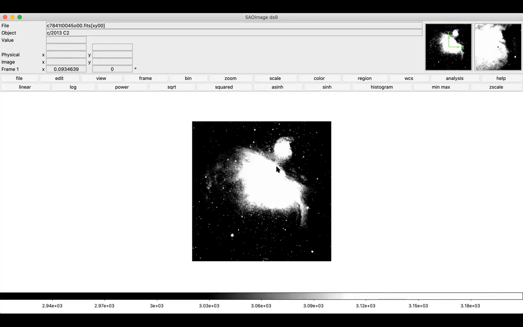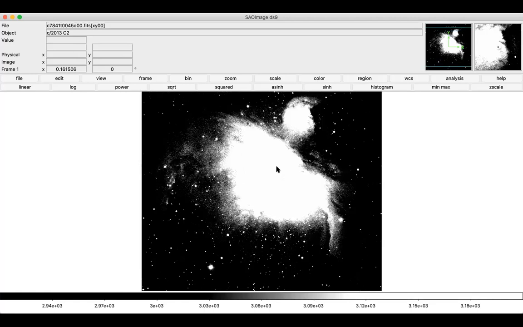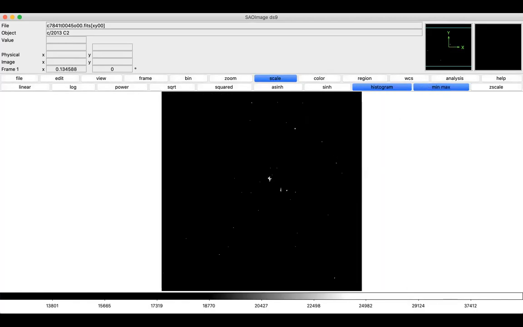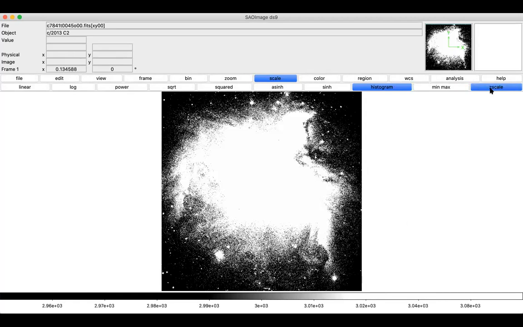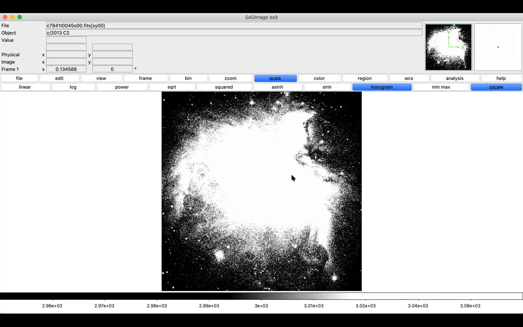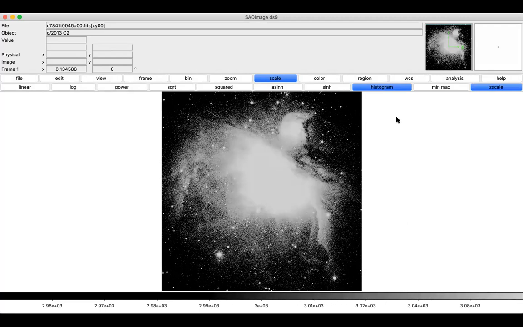Also you can change the scale and look at how it works, and you can look at the minimum and maximum areas like that, right? So this is just an example of what I have told you up to now.